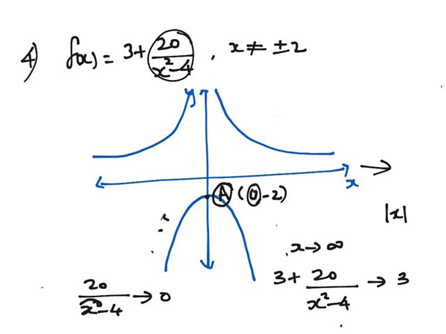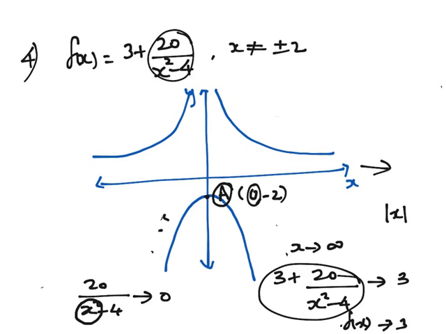Just imagine if you increase the values of x, the denominator will become bigger and bigger, so definitely 20 by x square minus 4 will approach 0. Because of that, f of x approaches 3.